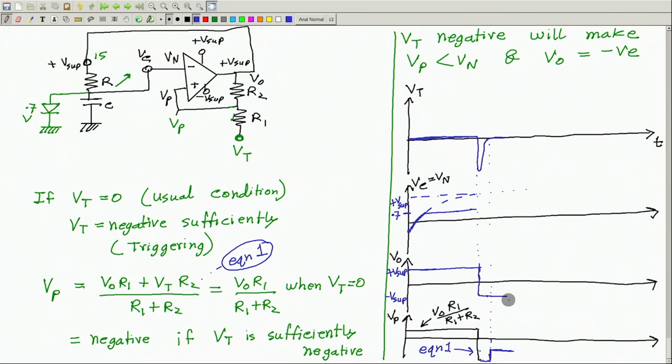But there is another thing which has started to happen by now. What is that? That is the fact that this negative voltage is now making the capacitor negative. So this voltage will try to come down towards minus V supply.